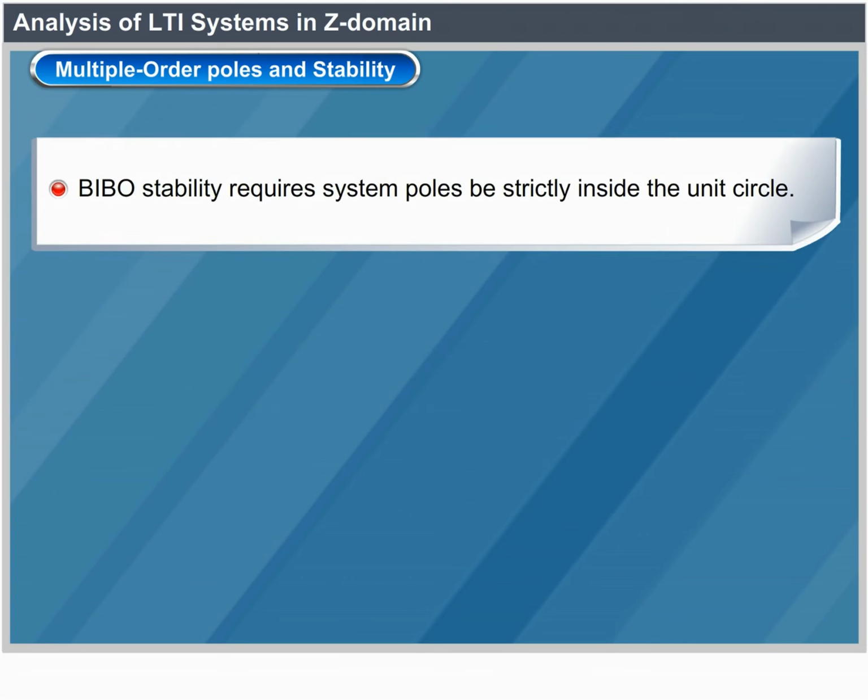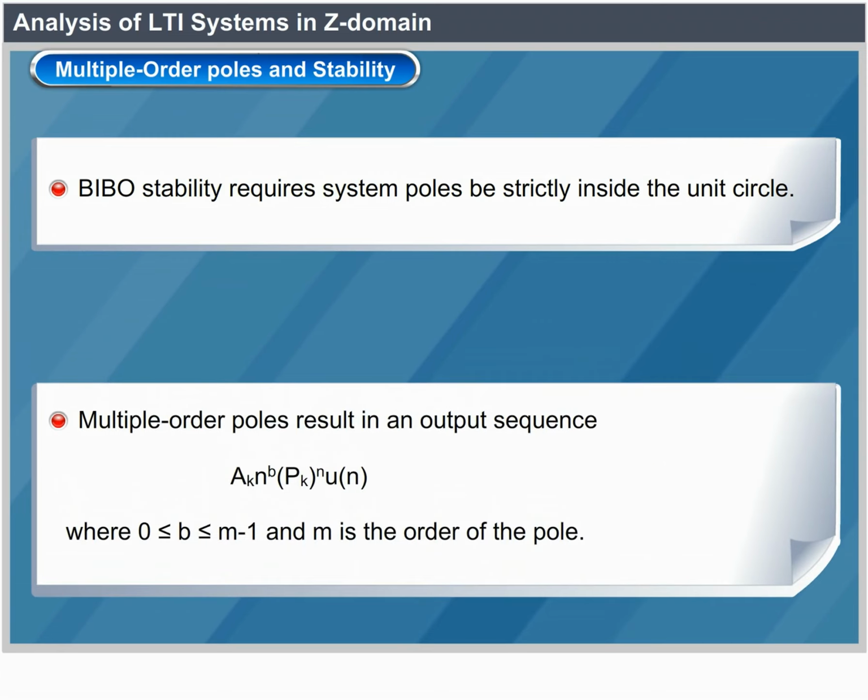BIBO stability requires system poles be strictly inside the unit circle. Multiple order poles result in an output sequence ak into n power b into pk whole power n into u(n), where 0 less than or equal to b less than or equal to m minus 1 and m is the order of the pole.